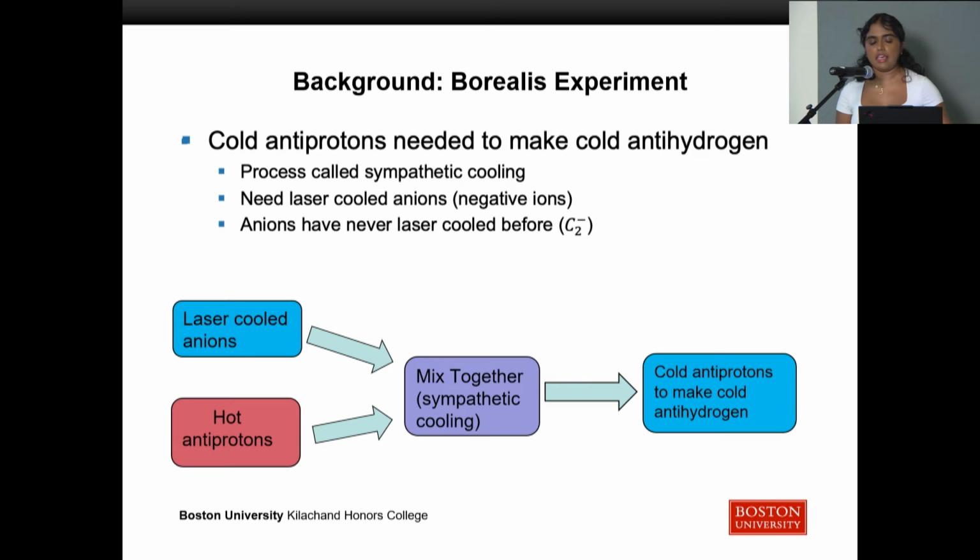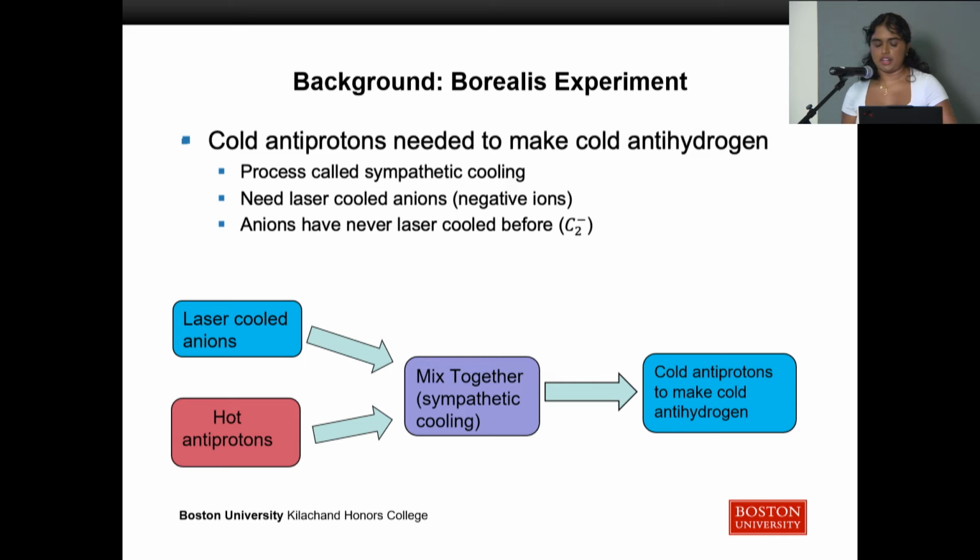So there's a couple ways to get this cold anti-hydrogen, but the way that's being used in the experiment I'm working on is cooling the antiprotons used to create the cold anti-hydrogen. At CERN, the experiment receives hot antiprotons, and what we're aiming to do is mix them with laser-cooled anions, because it's hard to laser cool antiprotons directly.